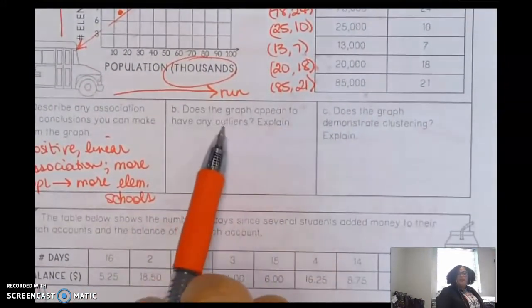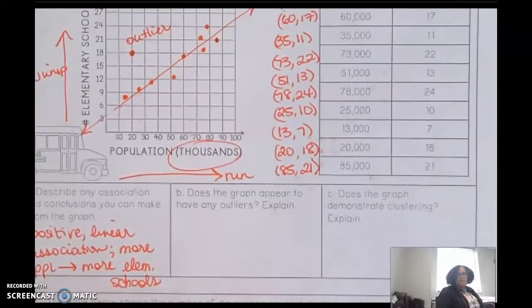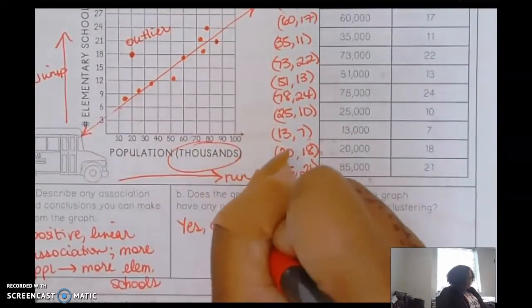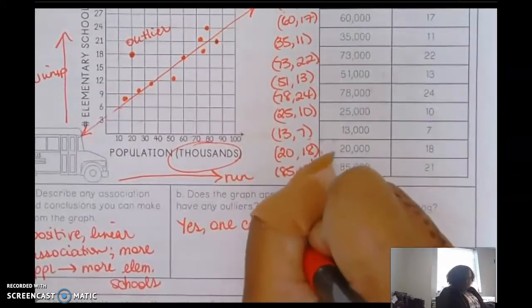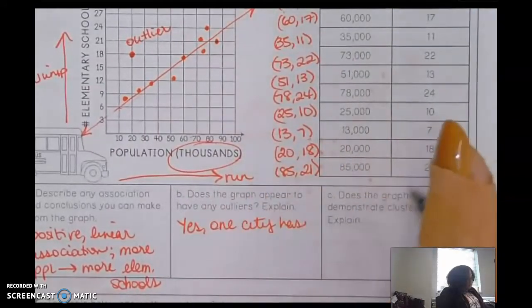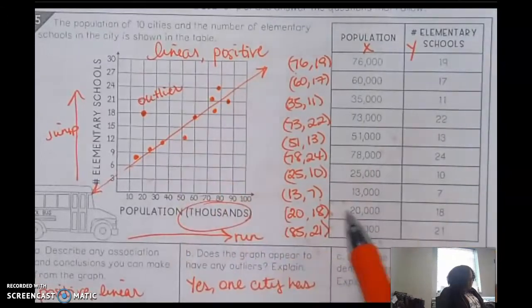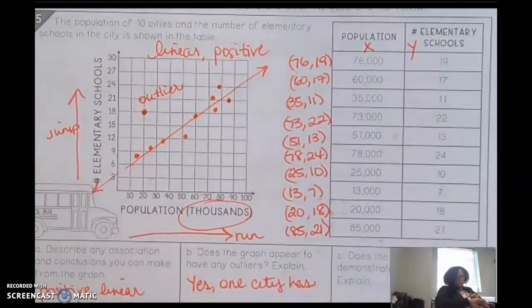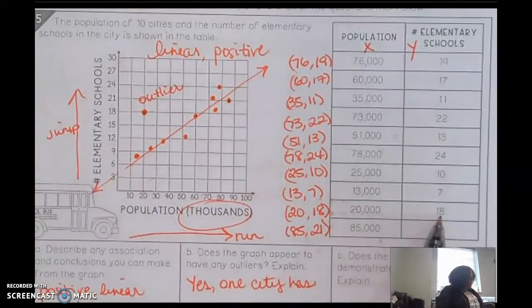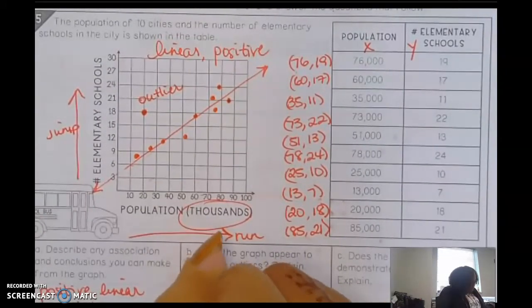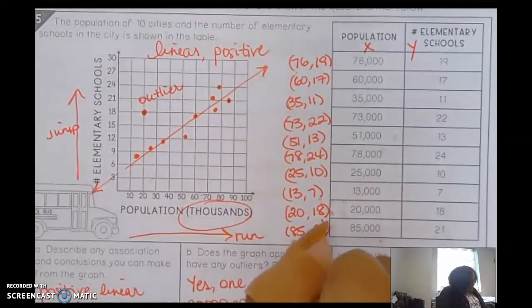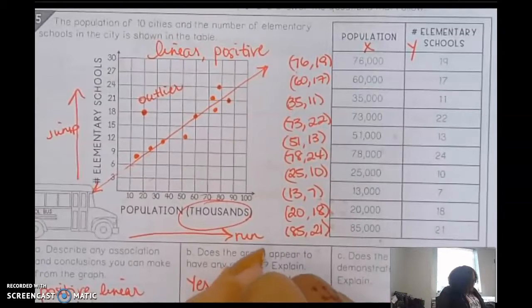Does the graph appear to have any outliers? Explain. Yes. One city has, how many was that? 20,018 has 20,000 people in 18 elementary schools.